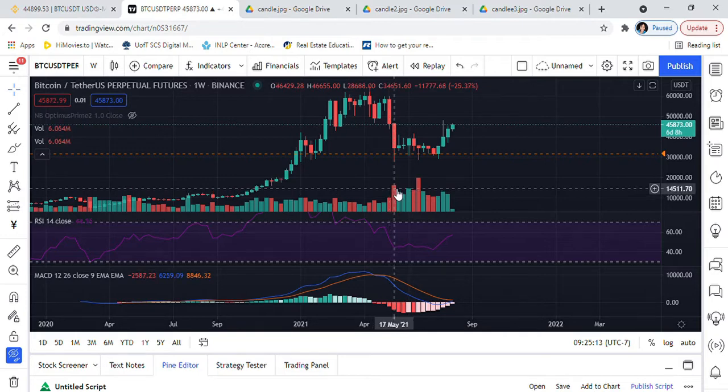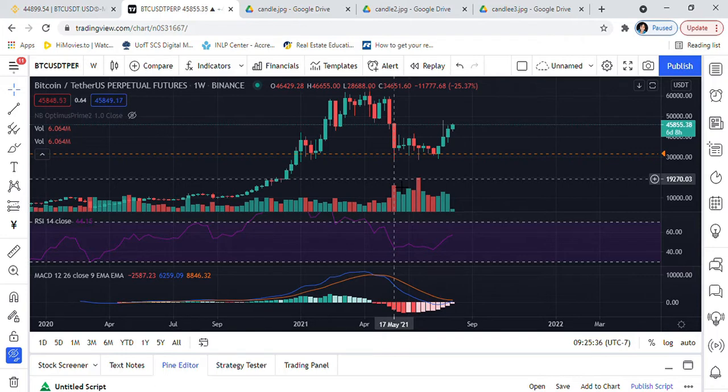So this one, the week started on May 17, and a week is 7 days. I believe the cryptocurrency market goes from Monday to Sunday. Depending on what time zone you're in, it may be different.